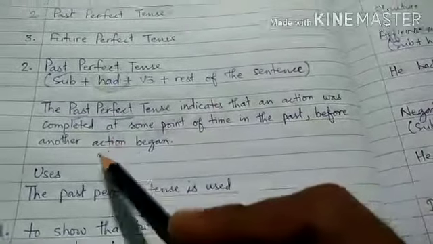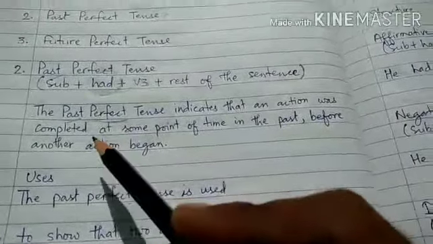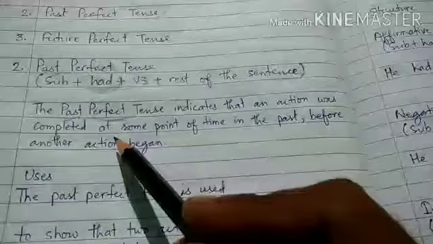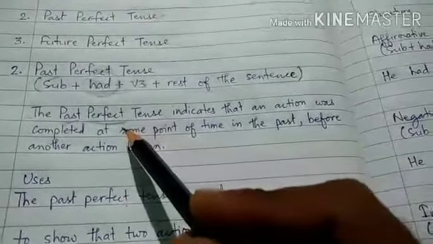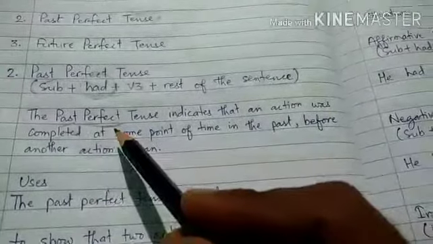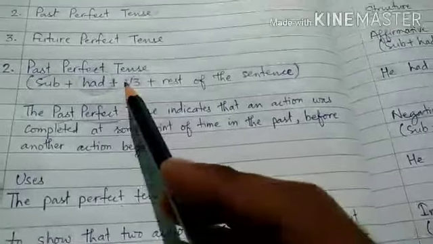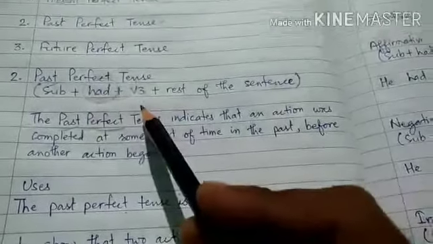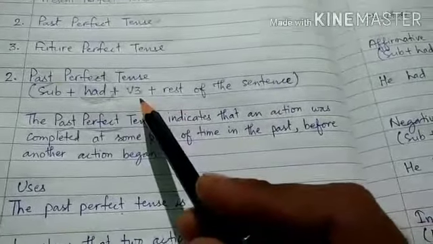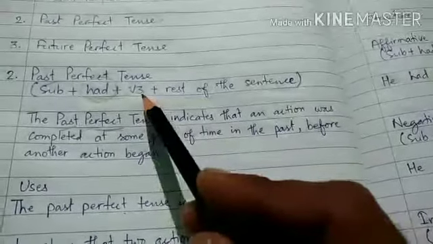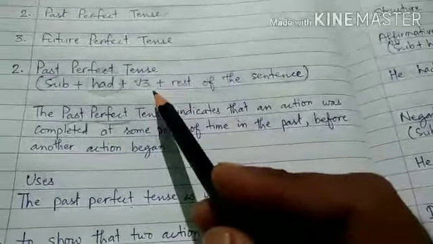That means two actions took place, in which the earlier action follows the past perfect form, and the later action, which began after the completion of the earlier action, is written in the simple past tense.